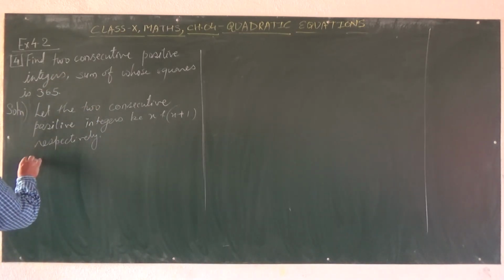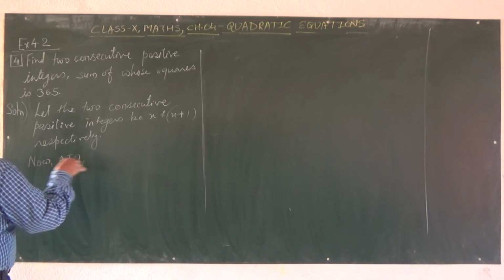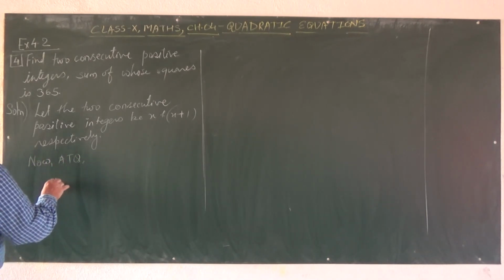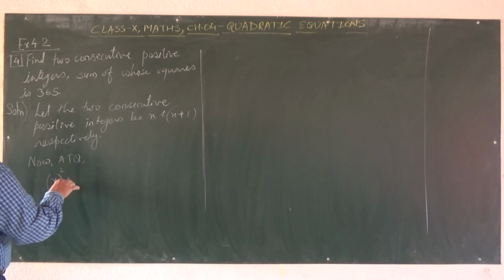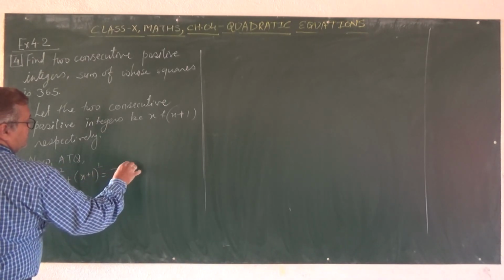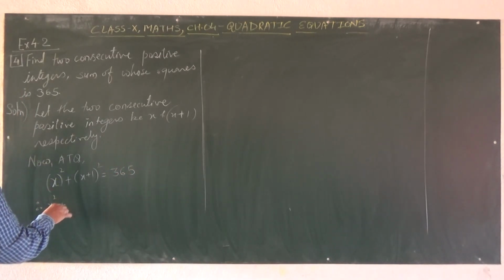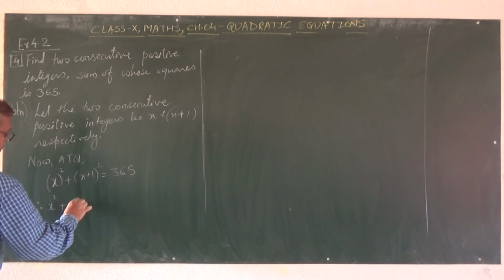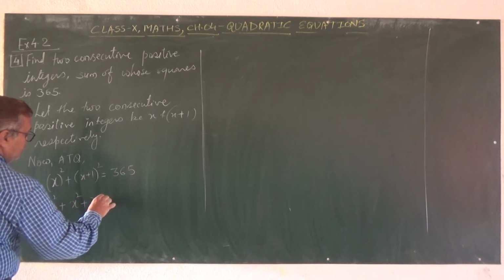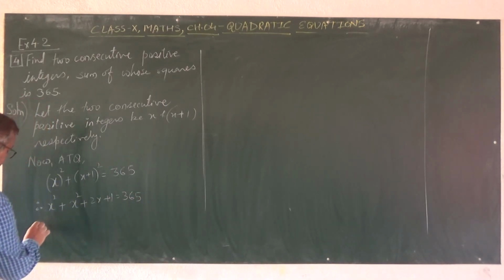Let us see now. According to the question, first number square plus second number square is 365. Expand this, simplify. x square, and (a plus b) whole square, so it is x square plus 2x plus 1, equals 365.